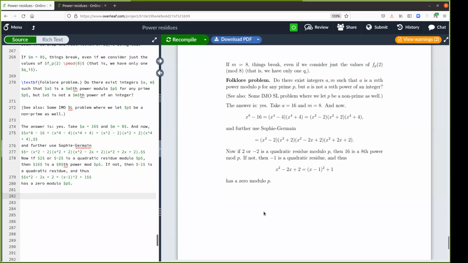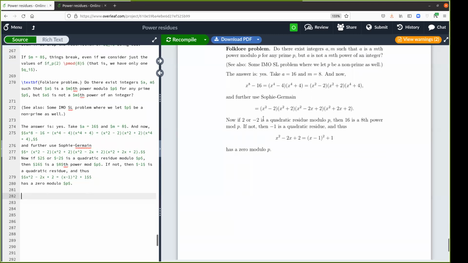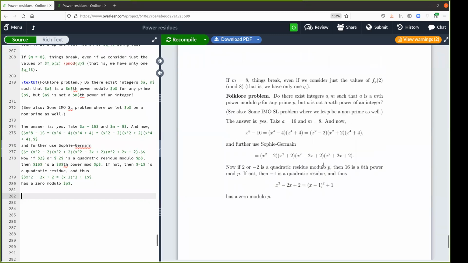And that's it. So one of 2, minus 2 and minus 1 is necessarily a quadratic residue modulo p. If 2 or minus 2 is, then we're obviously done. And if minus 1 is, then we look at the third polynomial here and note that it has a 0 modulo p. And then we're also done. So that covers all of the cases.